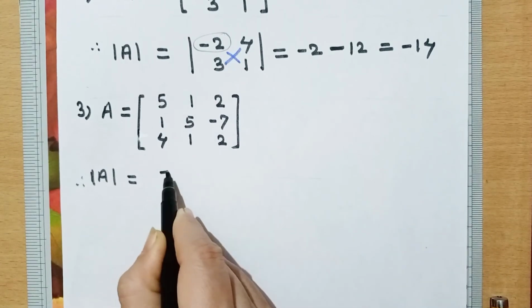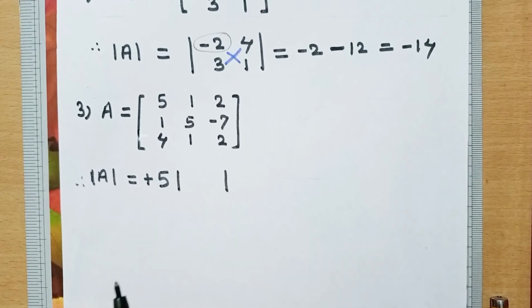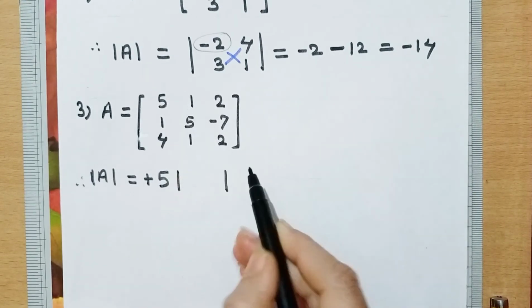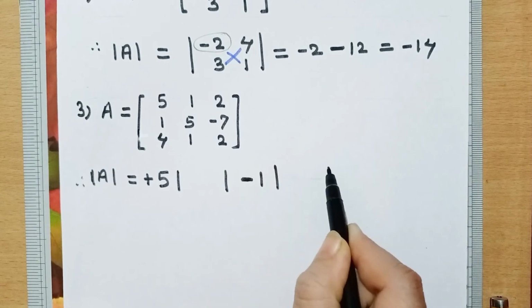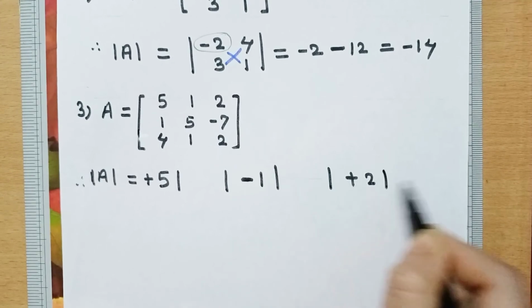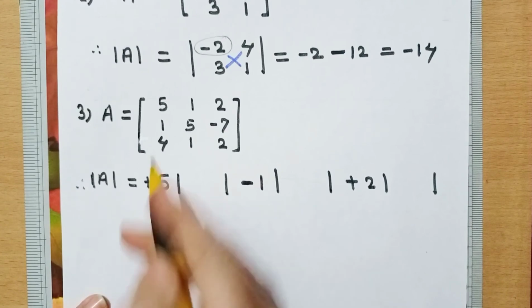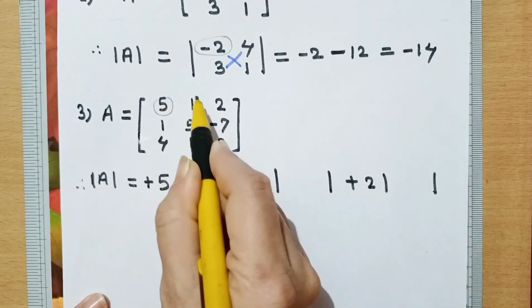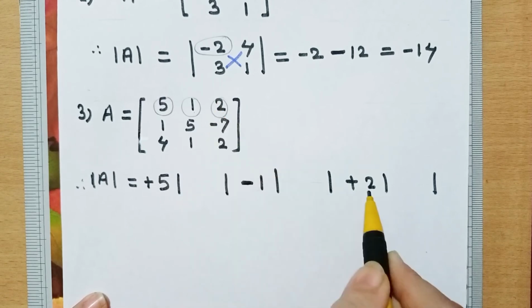So I am writing here, this is plus 5, then write down the determinant, then here plus 1, then here you have to take minus 1, and this is a determinant, and then plus 2 as it is. So I have taken these three numbers, this 5 here, this 1 here, take the opposite sign, and 2 here.